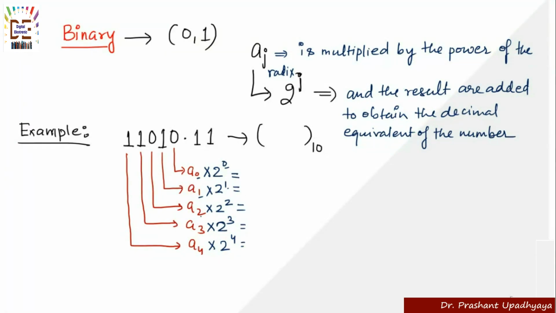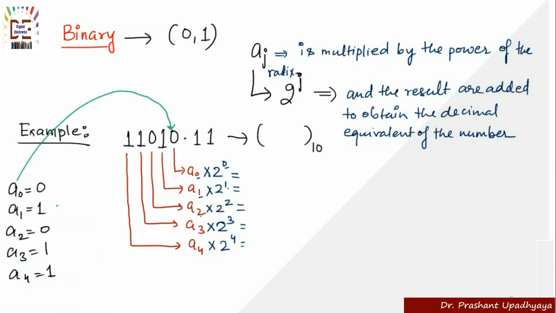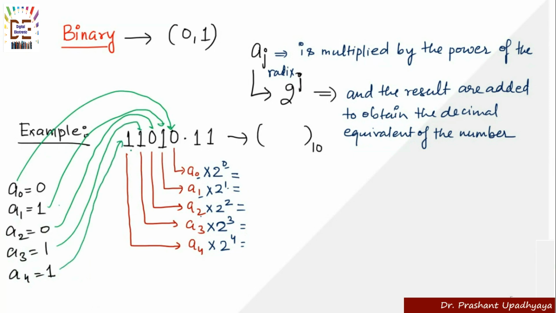So a0 value is 0, a1 value is 1, a2 value is 0, a3 value is again 1, and a4 value is again 1. We are taking these values from this coefficient: this is a0, a1, a2, a3, and this is your a4 coefficient.